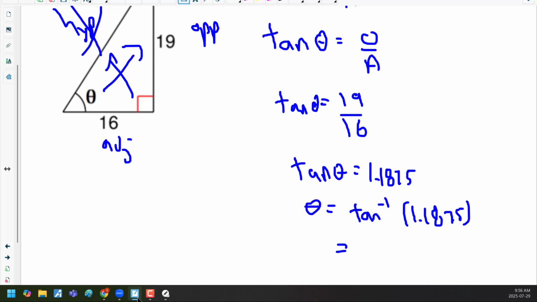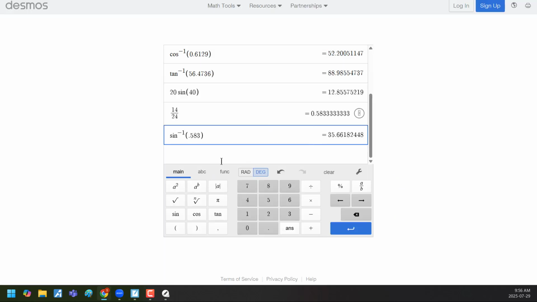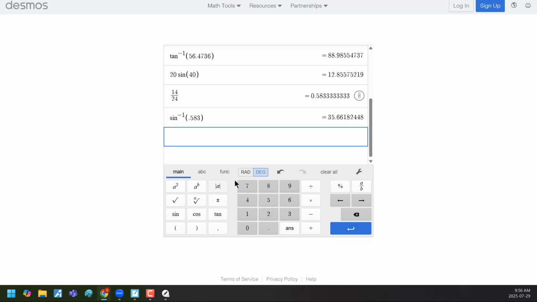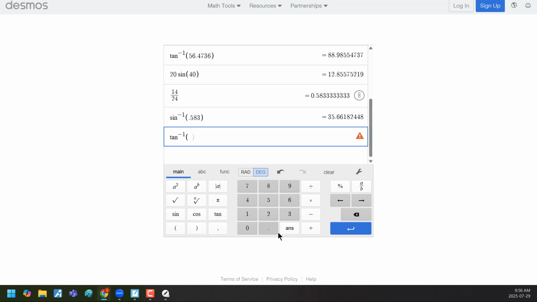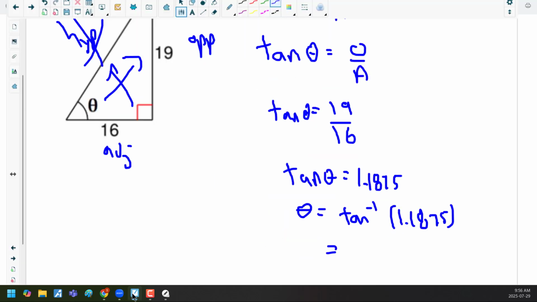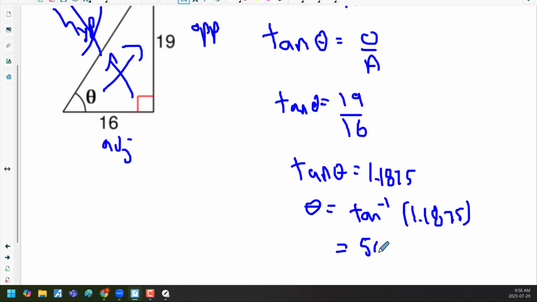Just plug that in. So inverse tan of, what was the answer? 1.1875. The answer is 49.9, so that's basically 50. So the answer is 50 degrees. That's it.